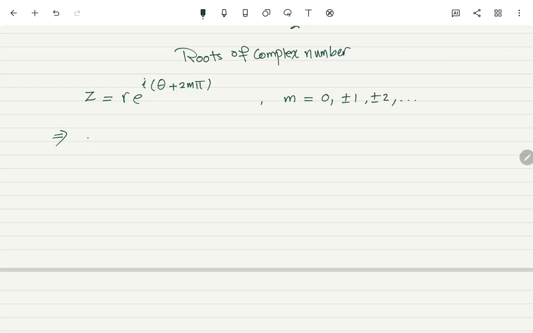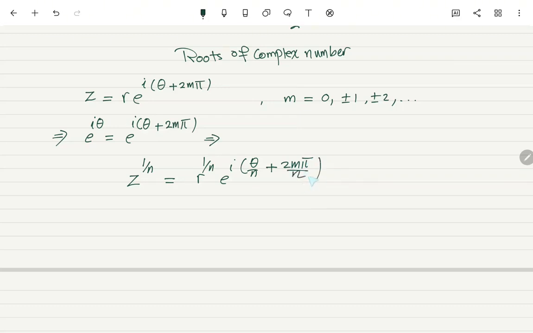Therefore, e to the i theta equals e to the i (theta plus 2m pi), and the nth root of z, which is z to the power 1 over n, equals r to the 1 over n e to the i (theta over n plus 2m pi over n).